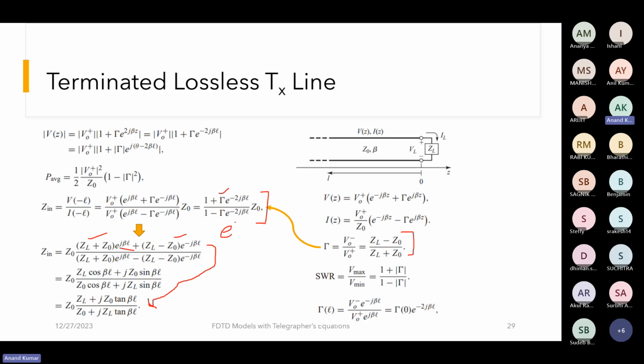If I remember correctly, e^(jx) minus e^(-jx), or terms like these, evaluate to sine or cos. You can look up the values on the internet. So this plus minus values will give you sine and cos. You'll end up with something like this, and then you can just divide it by cos and get the tan terms over here.